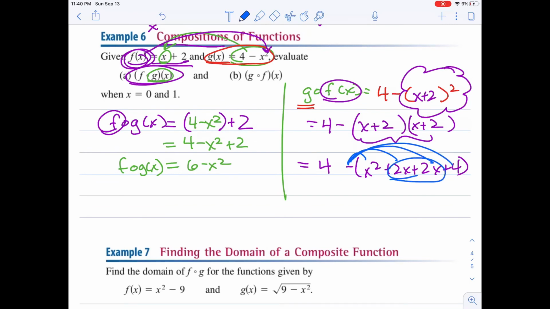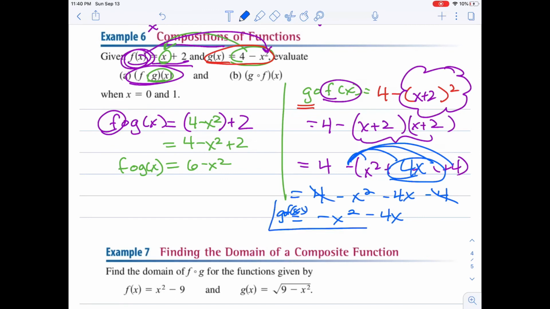Oh, and we can combine these two. This can become a 4x. So we're left with 4 minus x squared minus 4x minus 4. And if we combine like terms, those cancel. Negative x squared minus 4x is our g of f of x.